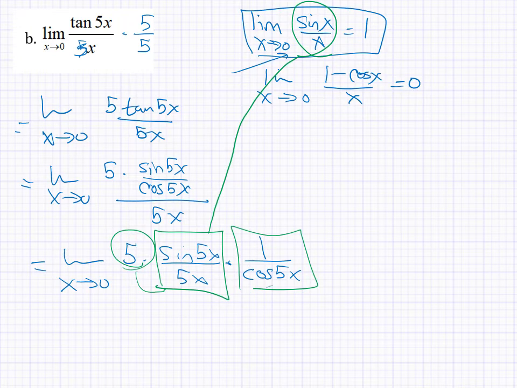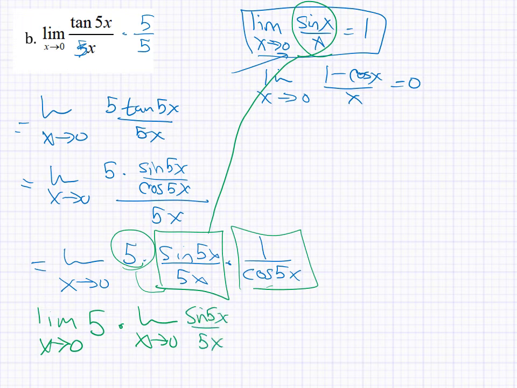So if I do that, I have the limit as x approaches 0 of 5 times the limit as x approaches 0 of sine 5x over 5x times the limit as x approaches 0 of 1 over cosine 5x.